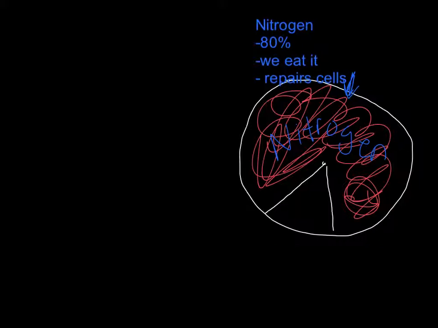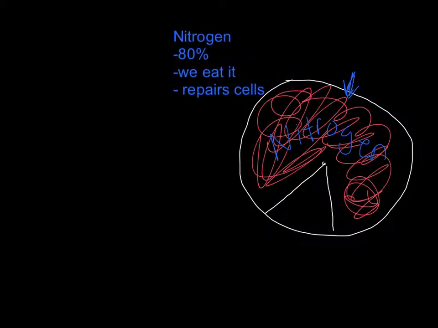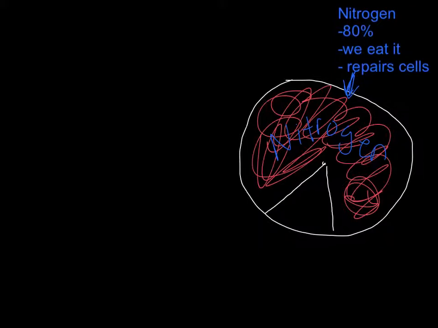We have to have it in our bodies, but we can't breathe it in. Our lungs don't have the capacity to do that, so we have to eat it in order to get it, because nitrogen helps our cells repair themselves and helps cells grow. So nitrogen is 80% of our air. We eat it and it repairs cells.